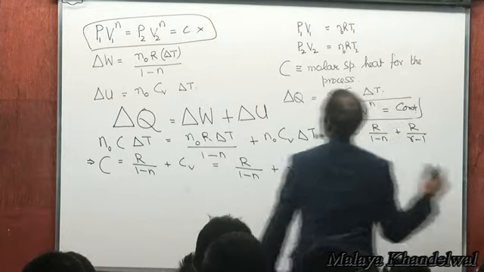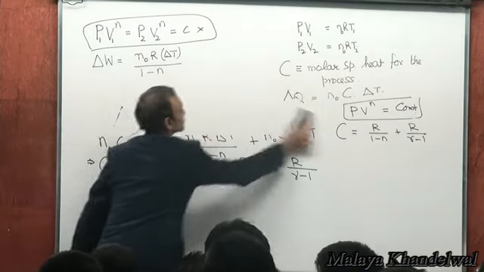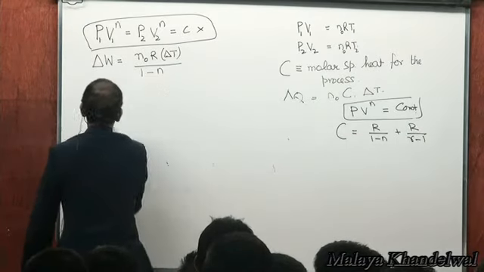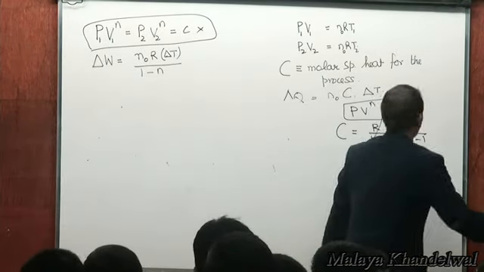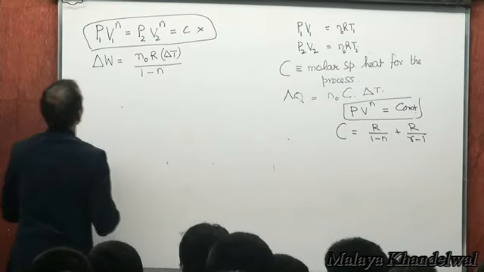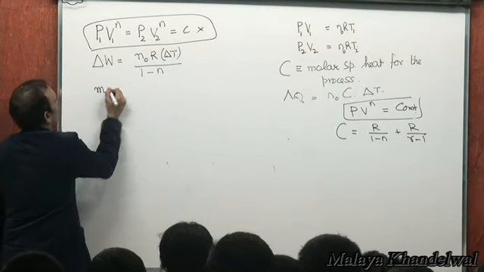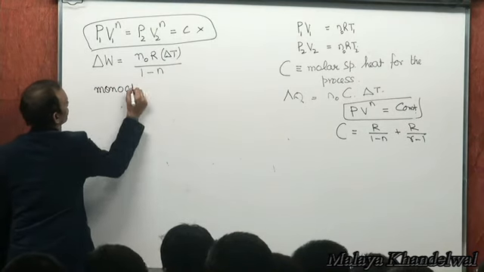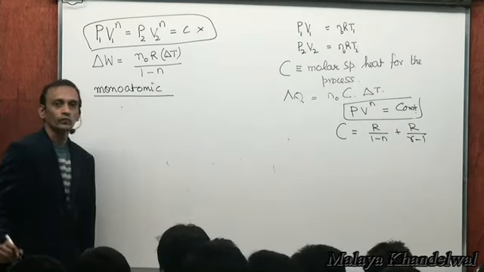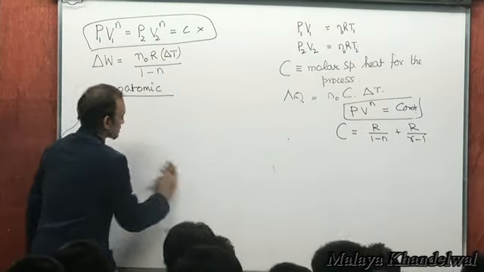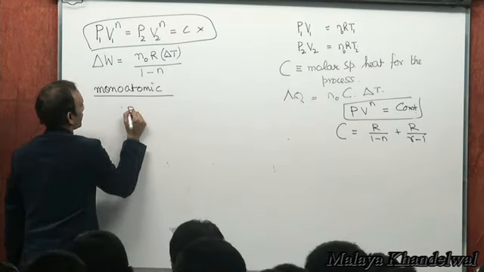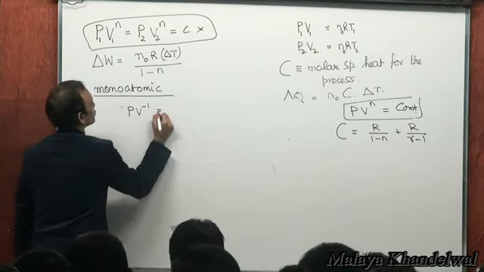Suppose someone carried out a process of the following kind. Say there was a monoatomic gas going through a process PV to the power minus 1 equal to constant.